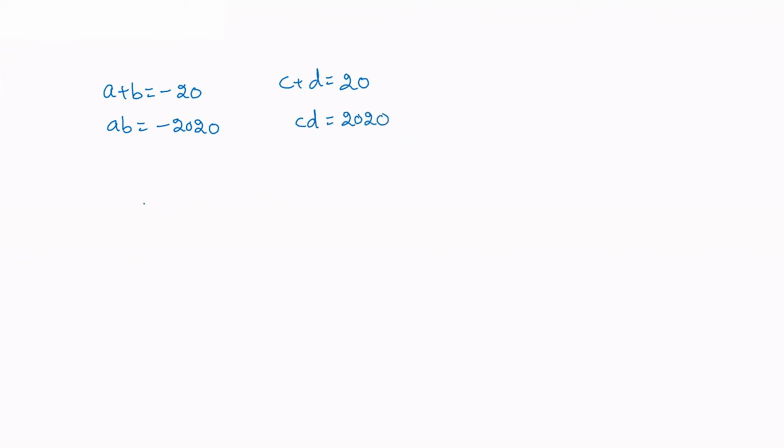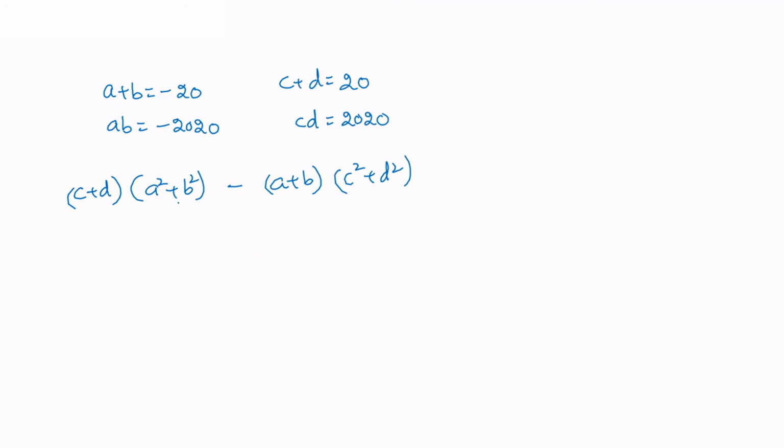So now, what is the expression that we got here? The expression that we got is c plus d times a square plus b square minus a plus b times c square plus d square. One thing that you can directly observe here is that we have c plus d already, which is equal to 20. And also we have the value of a plus b, which is equal to minus 20.